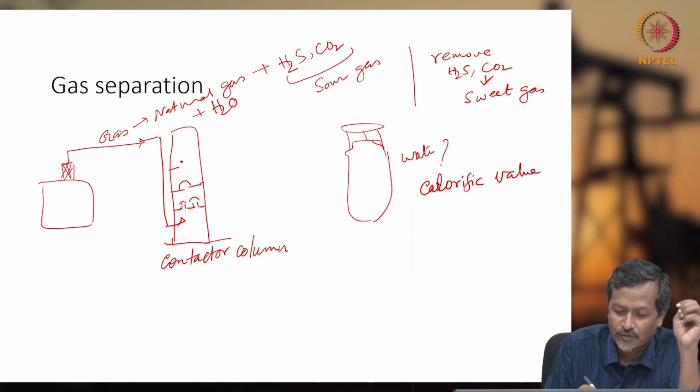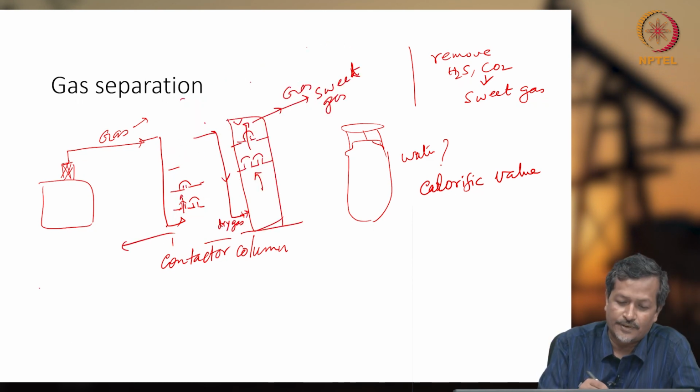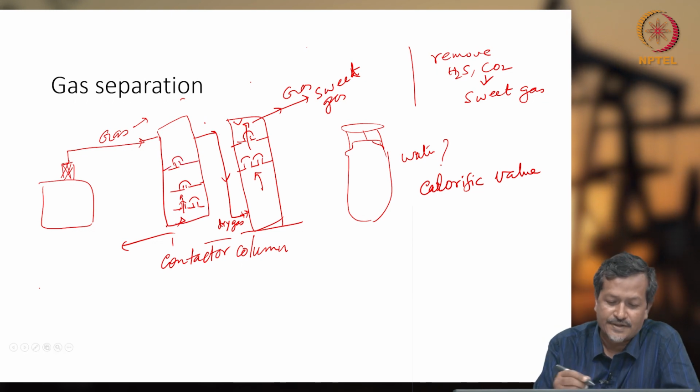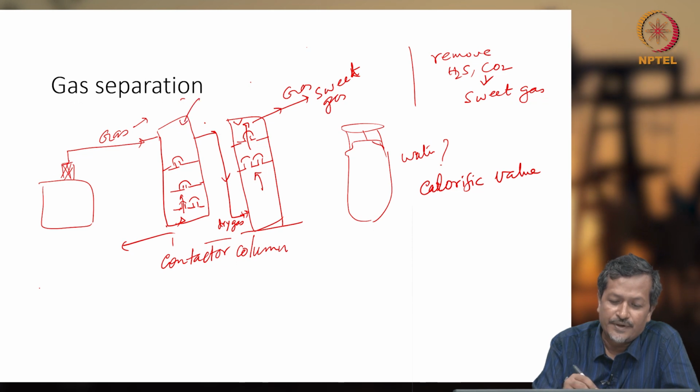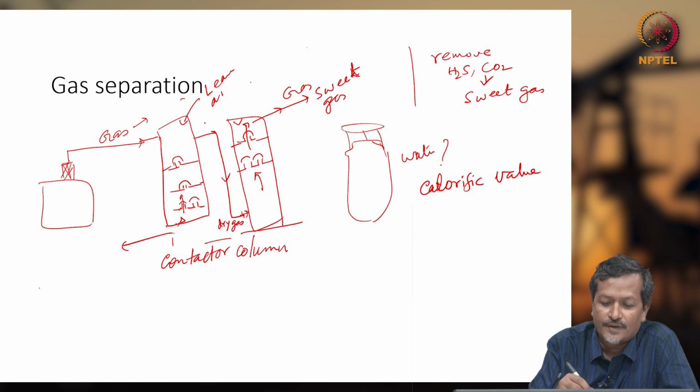First you put one contactor column. So, gas is coming, and from the top you give amine solution, lean amine solution.